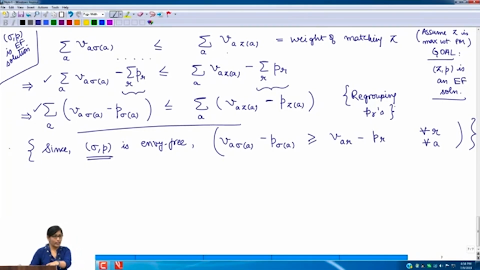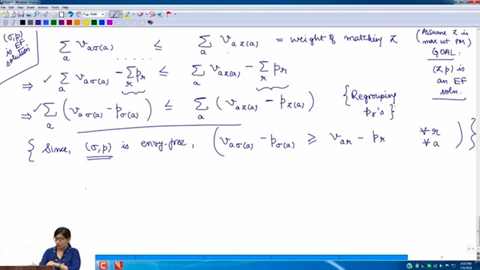Okay, till now it's all clear, right? Whatever manipulations we have been doing. Exactly. So what she's saying is, this constraint is true for all rooms R, right? I'll just apply this particular constraint for agent A on the room pi A, so on the room he is getting under the matching pi.